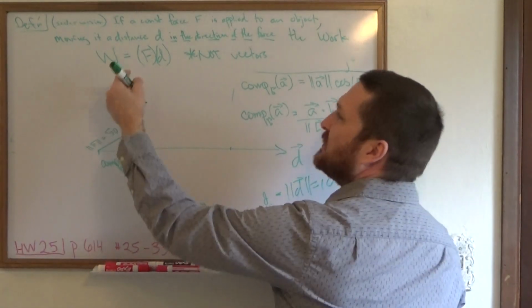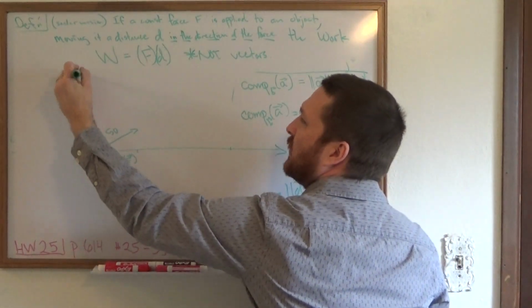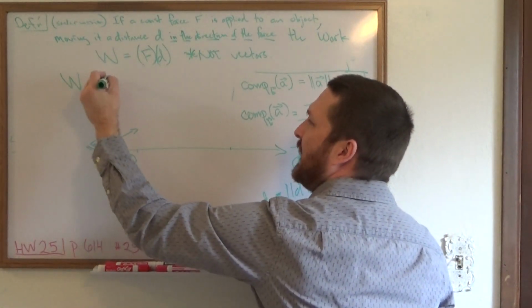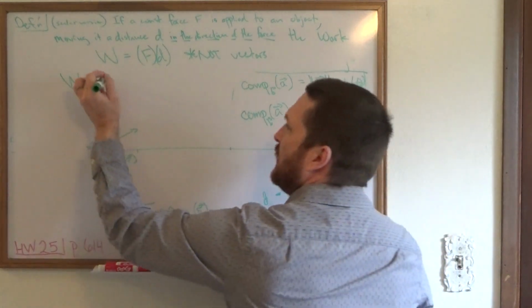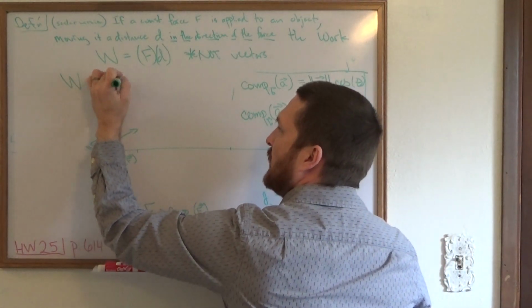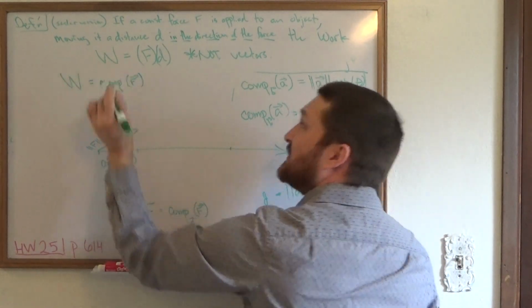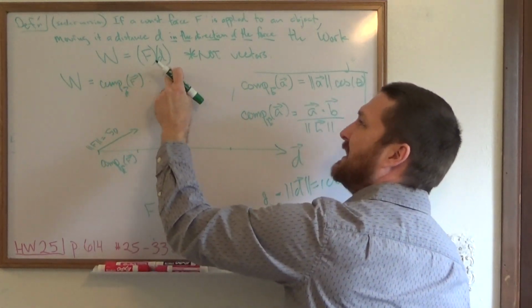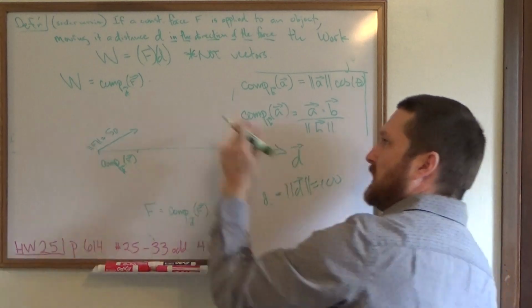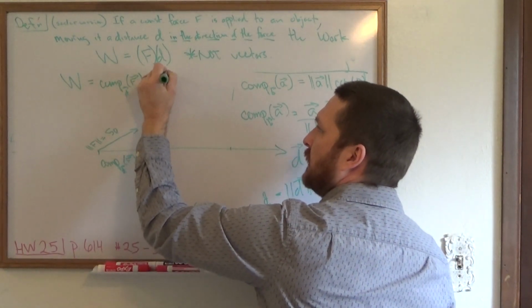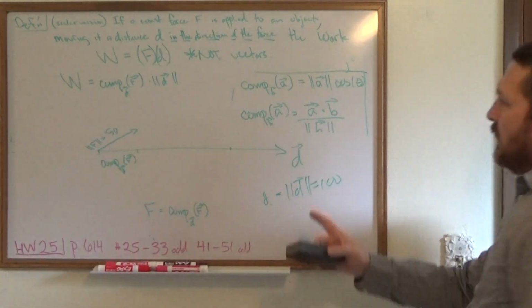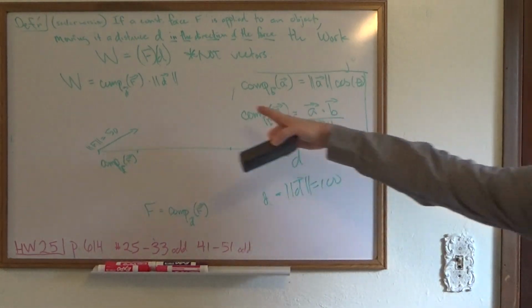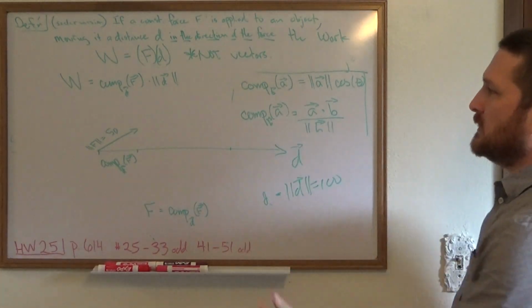So watch what happens. What happens to work when I do that? We have the component of the force vector along d, times the magnitude of d. But let's use that and see what that is. Check this out.